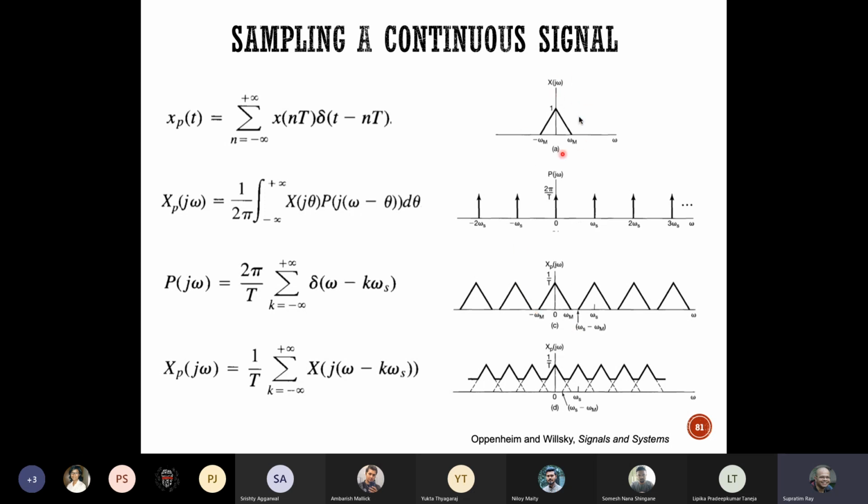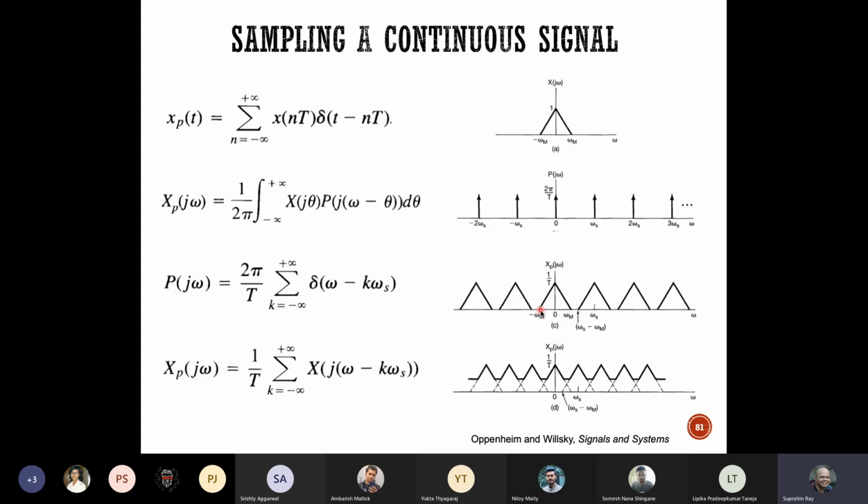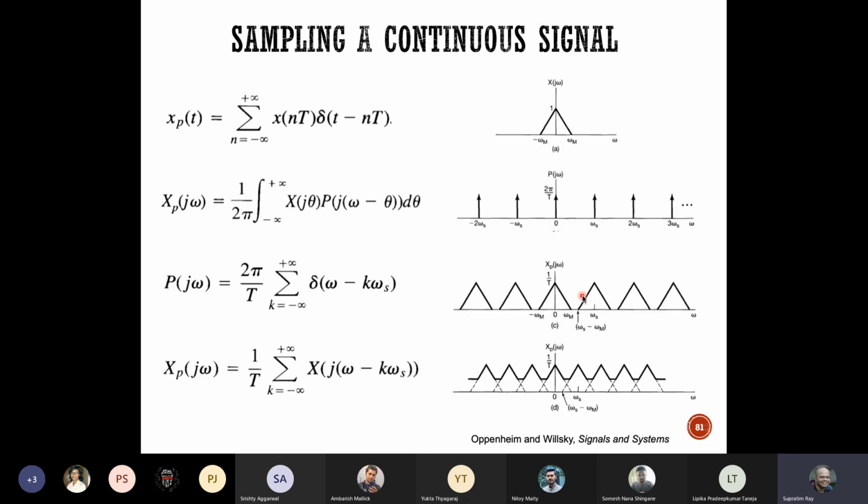Okay, so this is the Fourier transform of my original x(t), this signal, and this thing is the Fourier transform. This is still the Fourier transform because it's a continuous signal, of this particular signal given by these impulses scaled by the value of the continuous signal at those times, x(0), x(T), and so on.